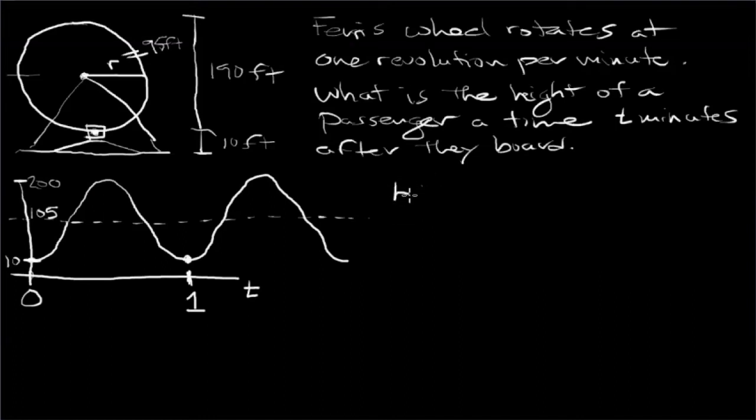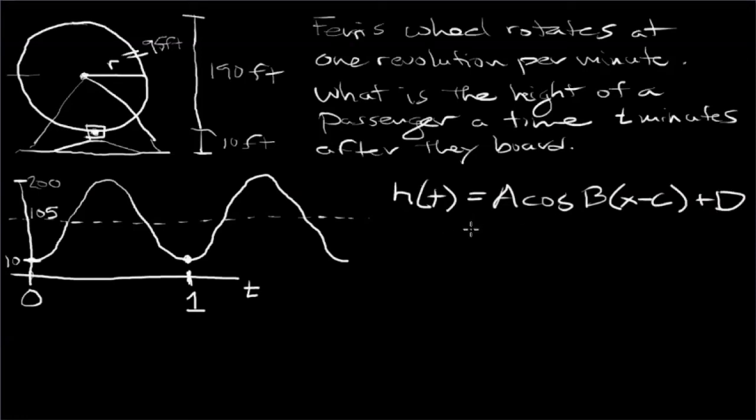I'm going to go ahead and write a function, the height based on time. I know that I want to use cosine, and I'm just going to write out the graphing form of a sinusoidal graph using cosine. And then I need to figure out what these variables are. So A is the amplitude, and the amplitude is always going to be the radius.